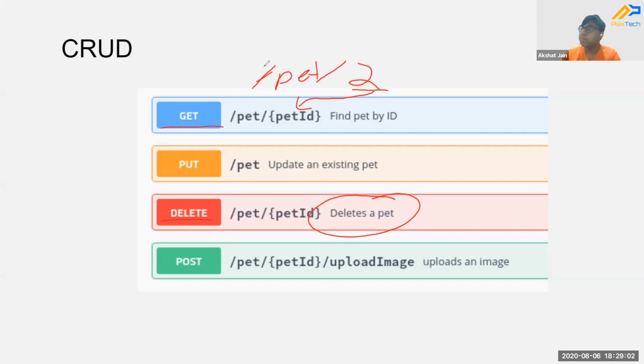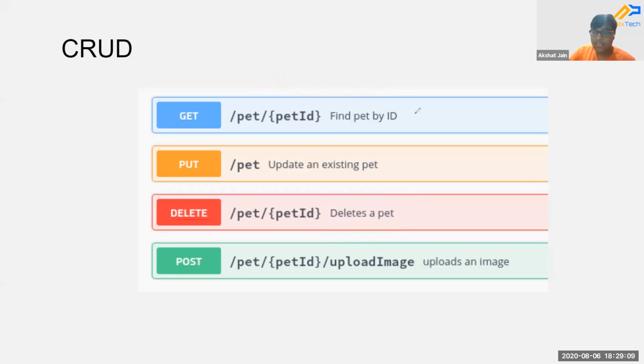Why wouldn't you put pet ID for your put request? Good question. Why is ID not used in put? This is also kind of confusing because you could put pet ID here, but you don't need to because it's normally passed in as metadata. If you know what metadata is, it's basically extra data that is attached to the request.